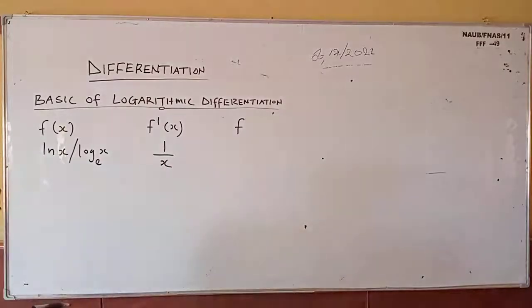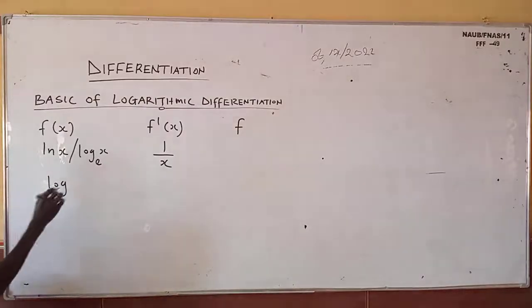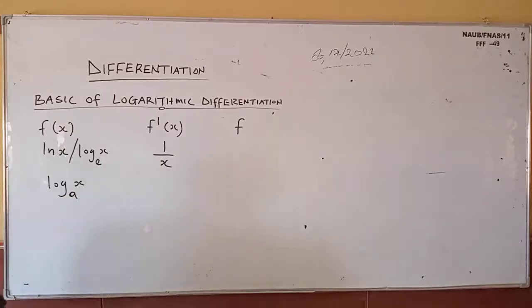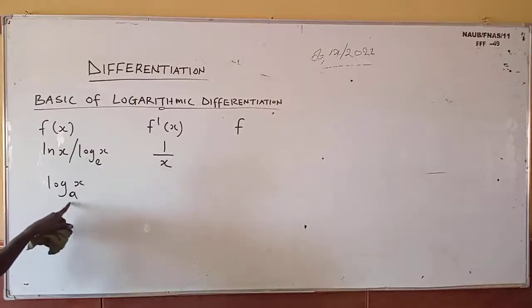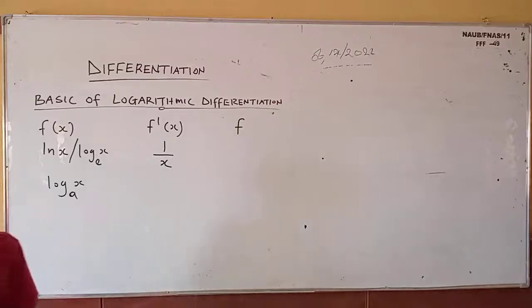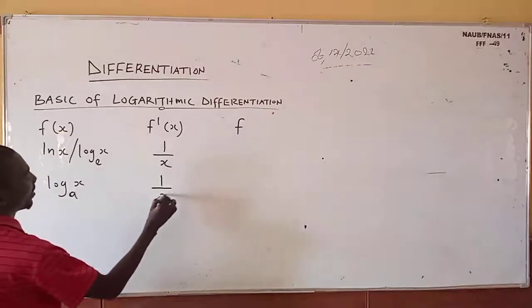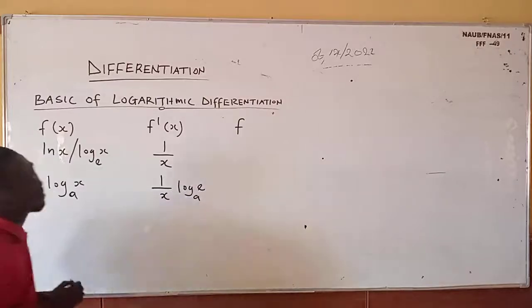Do you get this? Now, what if you now have log s base what? Base a. When the base is no longer e, if the base is a now, what are we going to get? We are going to get 1 all over s log e base a.